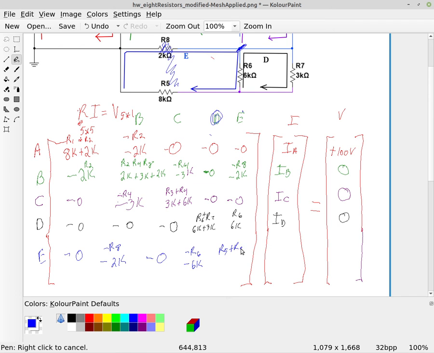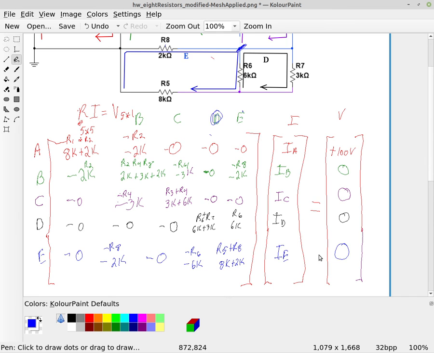R5 plus R8, which is 8K plus a 2K. And that was my IE column. And again, there's no battery in there, so you put a 0.